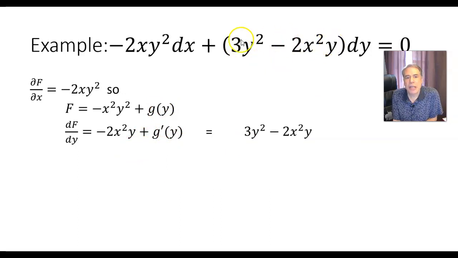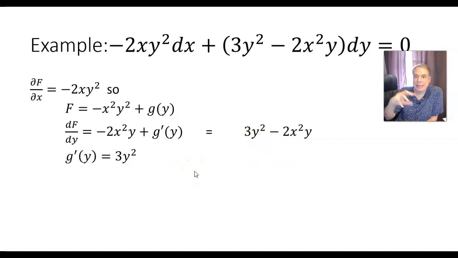And matching that up with the thing in front of the dy, because that's supposed to be the partial of f with respect to y, we get that negative 2x squared y plus g prime of y equals 3y squared minus 2x squared y. They both agree about the negative 2x squared y, and the other part has to match up as well, so g prime of y must be 3y squared.